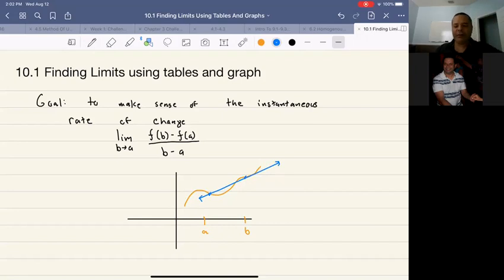We want to try to understand what's going on as a and b get closer together, and this gives us something called the tangent line. So this is basically the genesis of calculus.